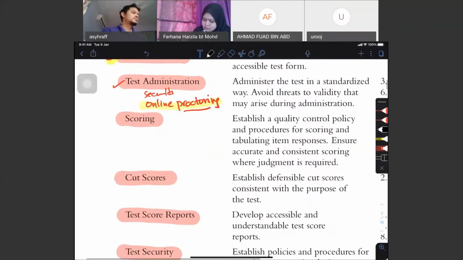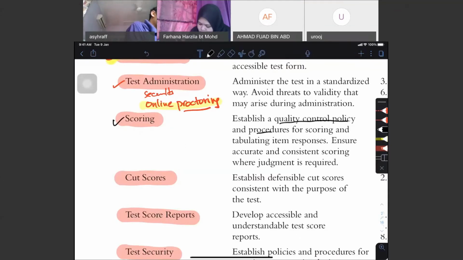The scoring, okay. Scoring is getting the marks into the system. Okay. So quality control policy and procedure should be there.